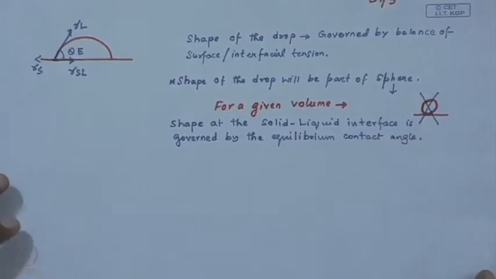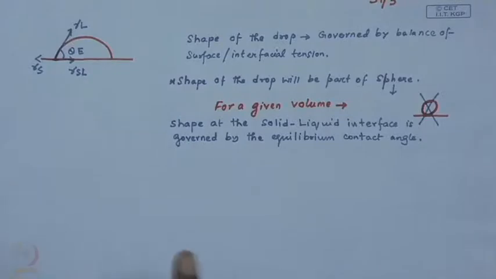So this much we understand, and depending on the nature of the wettability, the nature of the liquid, this equilibrium contact angle can vary, it can be acute, it can be obtuse, whatever it is. Now, what it means is that for a given volume of a liquid, once you dispense it, based on the balance of gamma S, gamma SL and gamma L, the equilibrium contact angle is fixed.